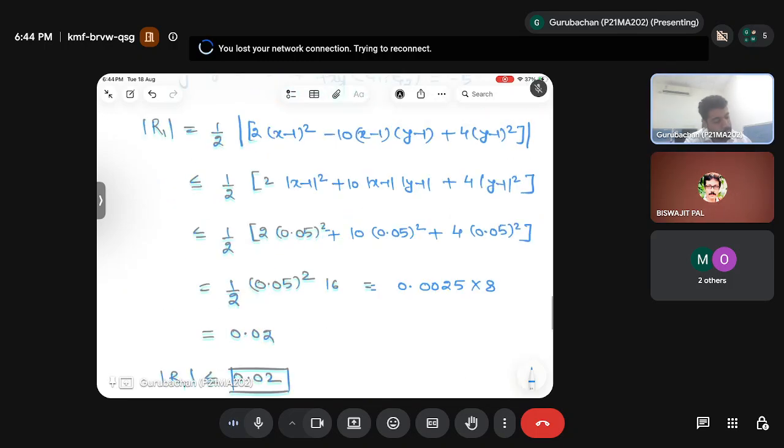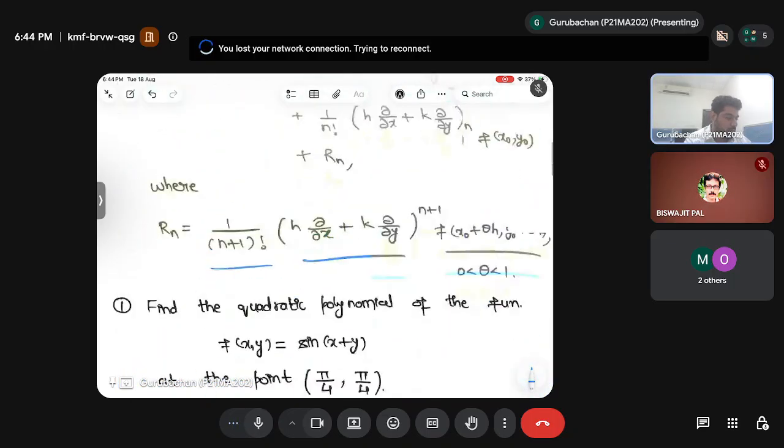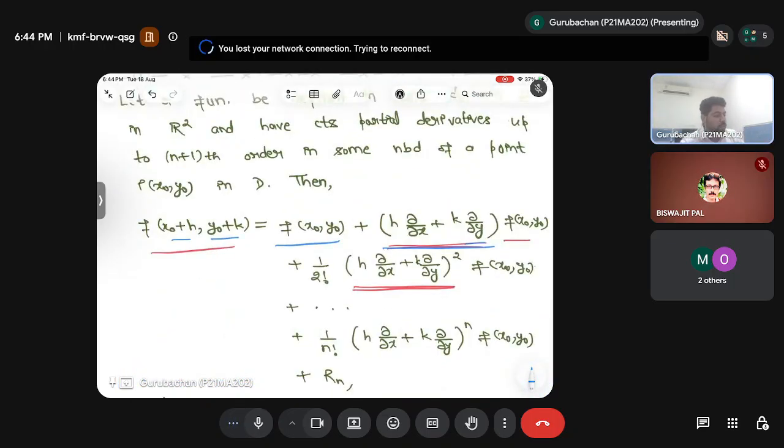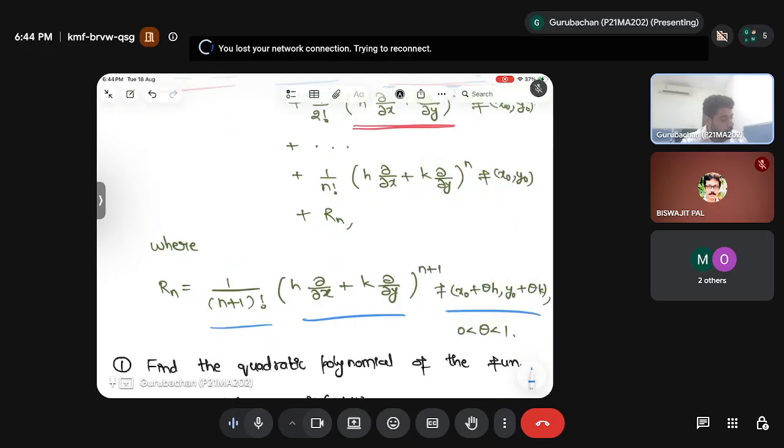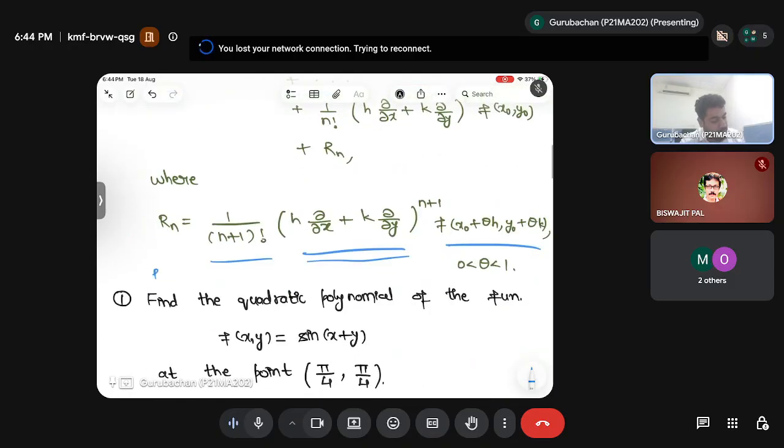Yeah, in two variables it will be the same case, because we are just extending a single variable to two variables. In the single variable case, Rn(x) will be 1 by (n plus 1) factorial, and since there is only one variable, we can directly take the (n plus 1)th derivative at some point x naught plus theta h. But here it is a function of two variables, so it can depend on every combination of x and y.